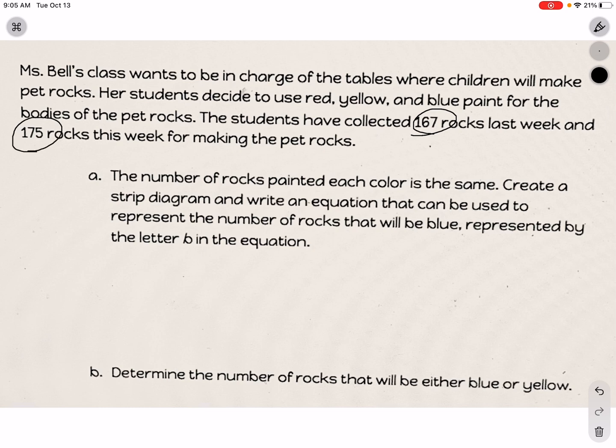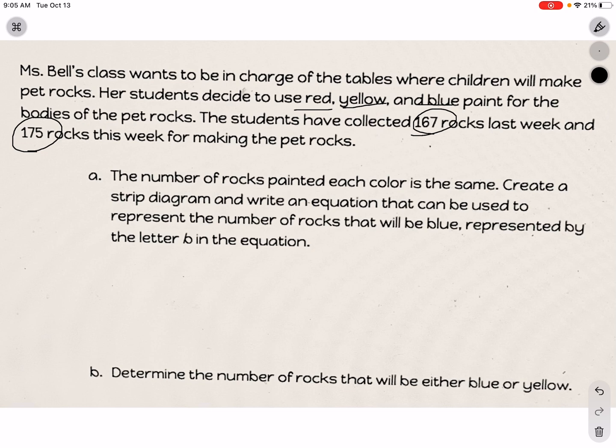We also know that they're going to paint them red, yellow, and blue. So, the number of rocks painted each color is the same. How many different colors do we have? We have 3.